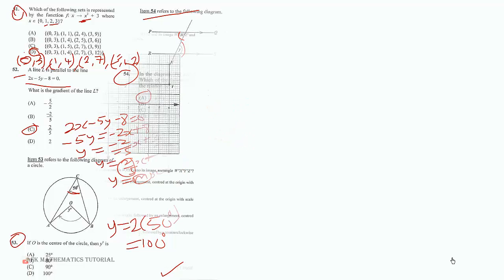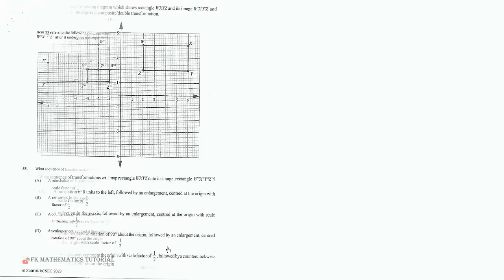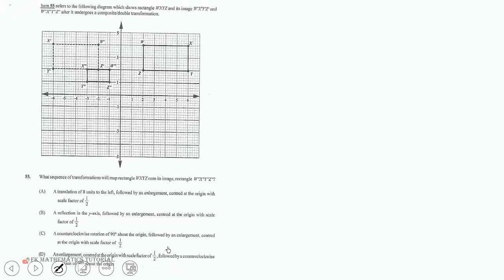So let's proceed to the next question. Item 55 refers to the following diagram which shows rectangle WXYZ and its images W'X'Y'Z' and W''X''Y''Z'' after it undergoes a composite double transformation.